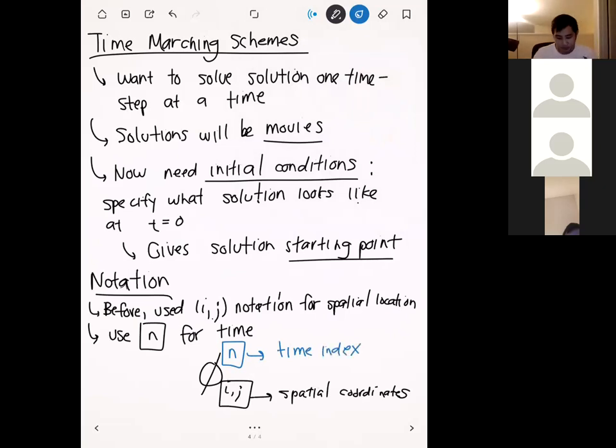The notation is going to get a little bit messy now, because we're dealing with two types of indices. We have the space on the bottom and we have the time up top. Any questions on this?